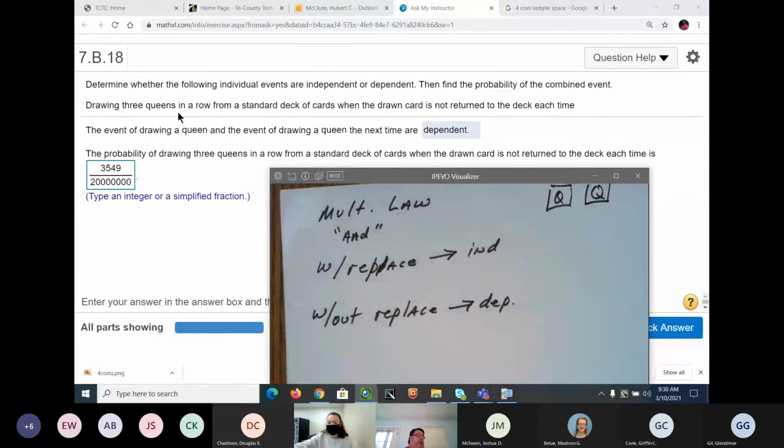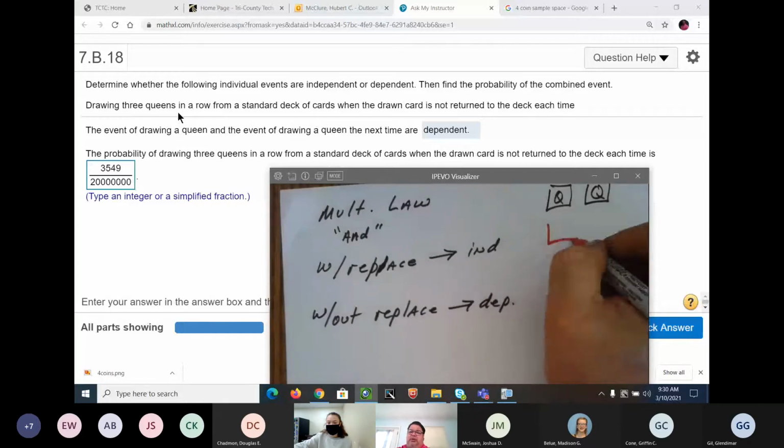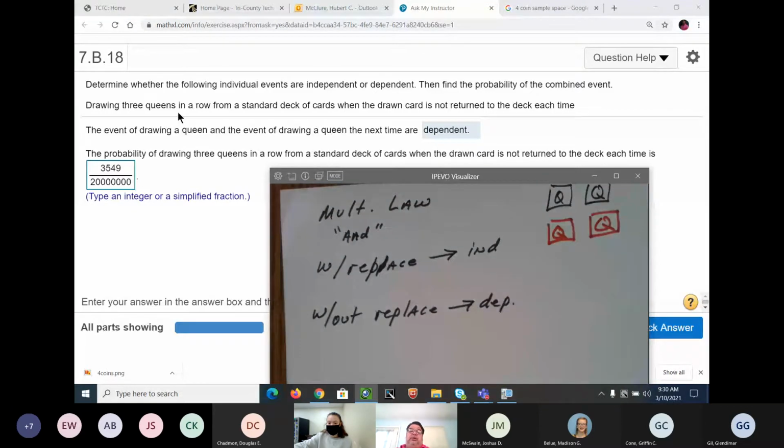So you got 4 queens, and what is the probability of picking a queen and a queen and a queen? Now, is the card returned to the deck? Yes or no? It's not. So this is dependent.